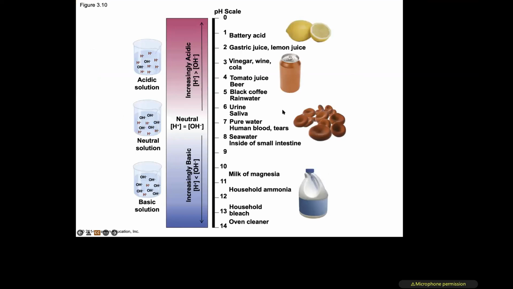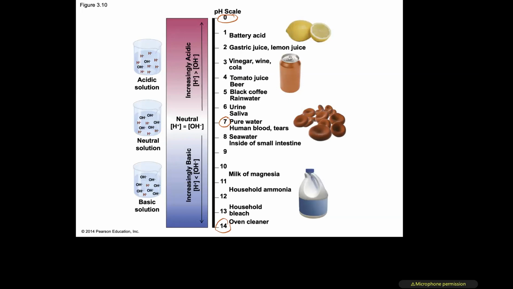As you look at this pH scale, you are going to see the lowest number being 0, to the highest number being 14. The middle number is 7. 7 is considered pure water. It is considered neutral.